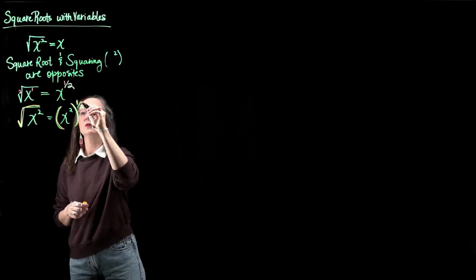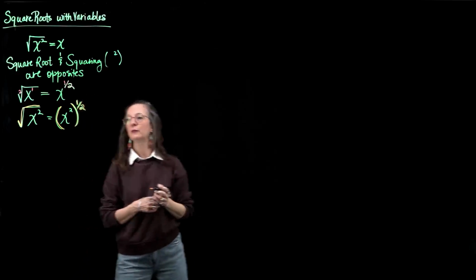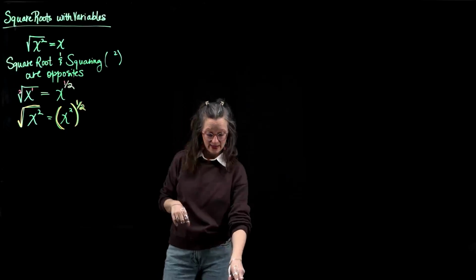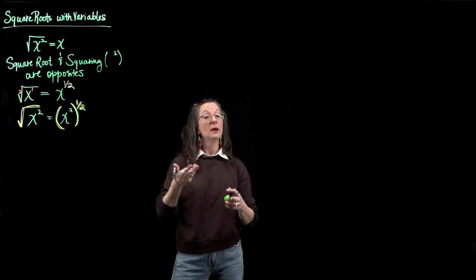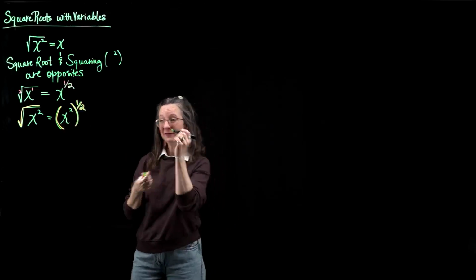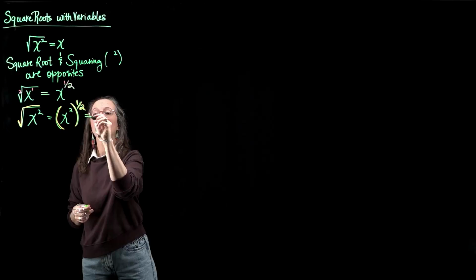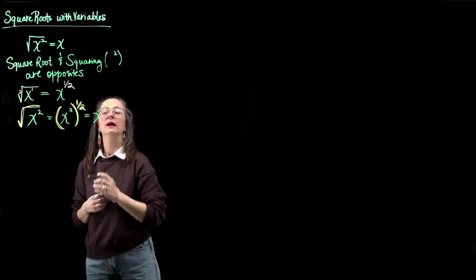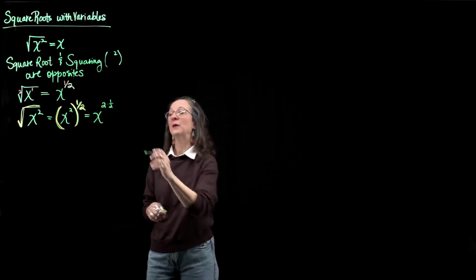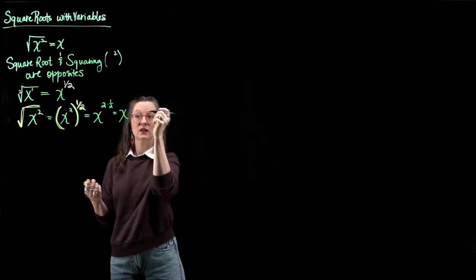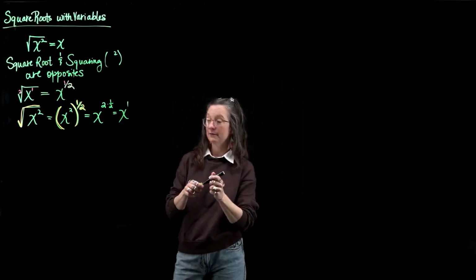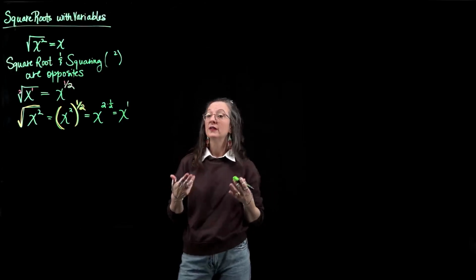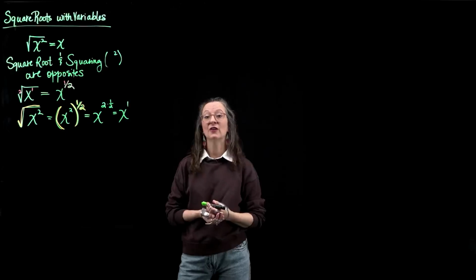And then I'm going to do the parentheses and the 1/2 power in orange to indicate that those are the same thing. Now remember, if we have a power to a power, so x squared to the 1/2 power, this would be x to the 2 times 1/2 power, which is just x to the 1st power, or x. This is important as we roll through some examples of finding square roots involving variables.